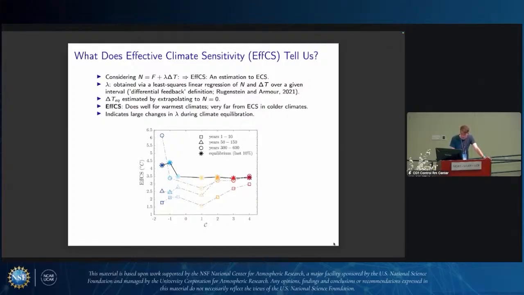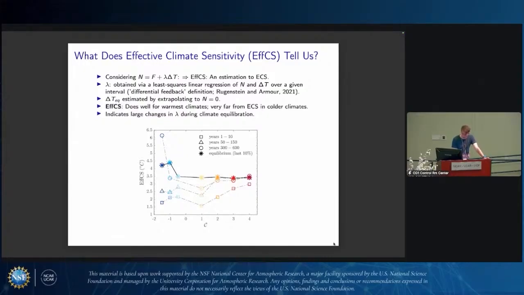And what we generally do is we take an interval like I've done here with the squares, triangles, and circles, and extrapolate the linear trend back down to N equals 0, which gives us our estimate of delta T_EQ. So what we find is that for the strongest forced experiments, 16 times CO2 and 8 times CO2, as long as we're not taking the first 1 to 10 years, effective climate sensitivity does a pretty good job of getting the realized equilibrium warming.